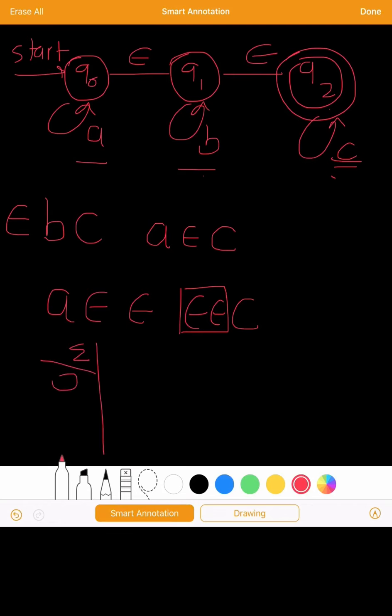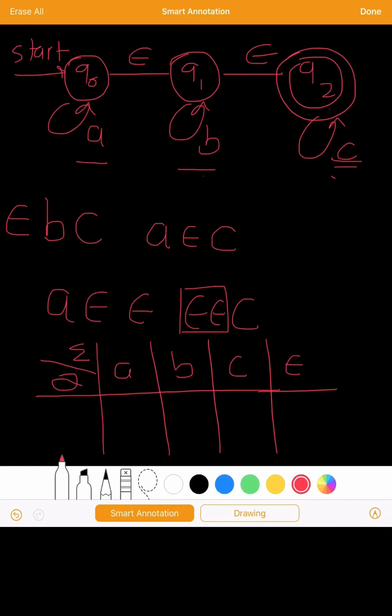Sigma, Q. Here we are going to write our input symbols A, B, C. Also here we are going to add the next input symbol or new input symbol, which is epsilon, and here we are going to write Q0, Q1, Q2, which are our input states, right.